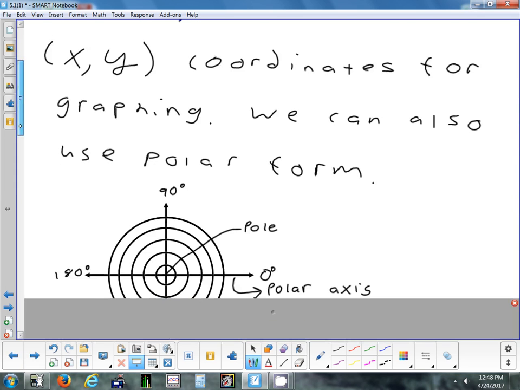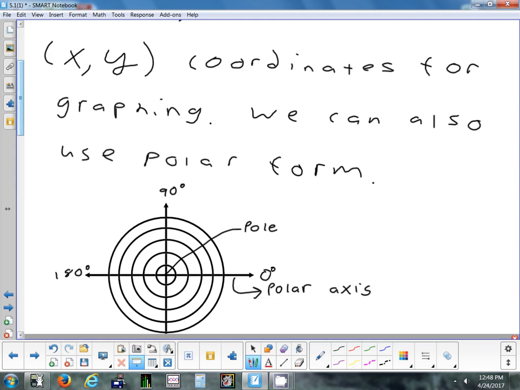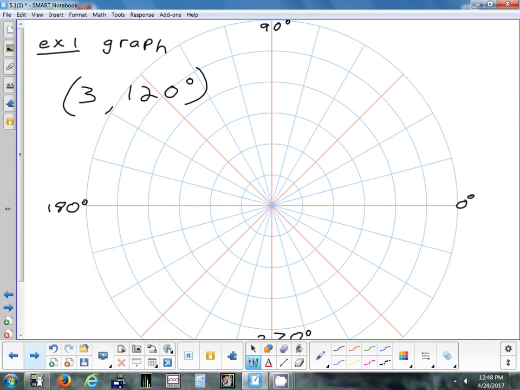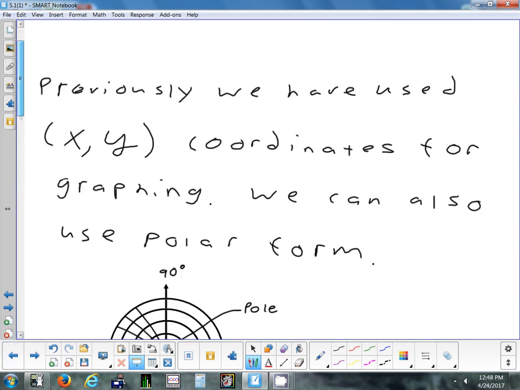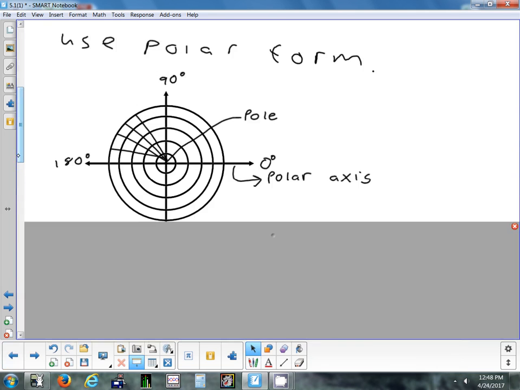So in polar, that's what your graph paper looks like. It's kind of these concentric circles. And you can divide this up. Sometimes they divide this nice and evenly into different regions, like they did on here. But when I draw polar graphs, I usually just sketch it like that, and I just kind of estimate where I need to be.